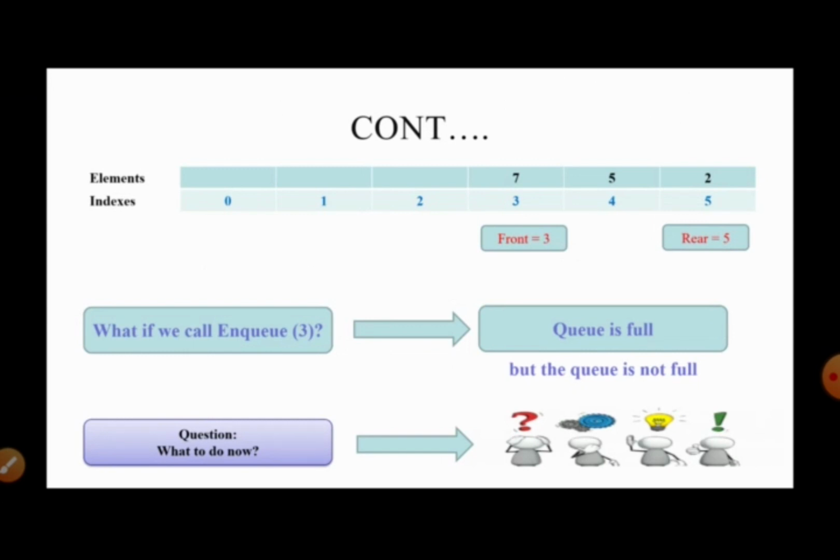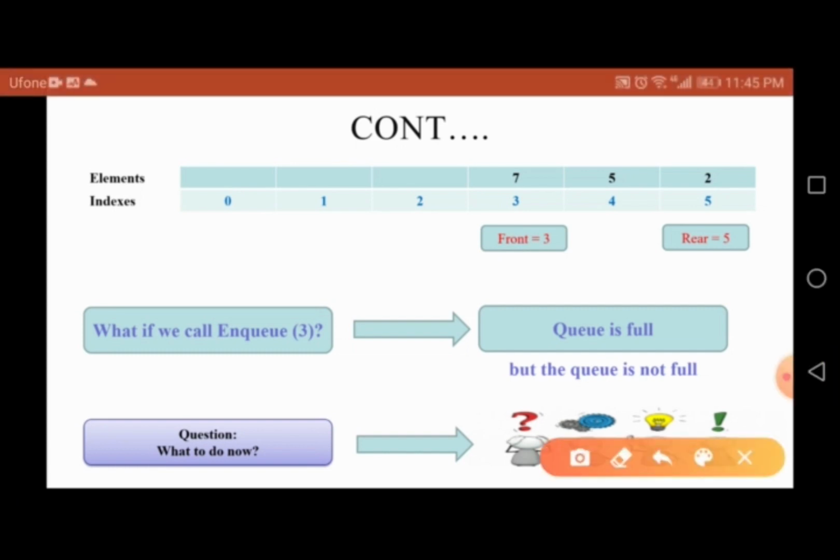In this case, as you see, there are only 3 elements in the queue. Front is at 3 and rear is at 5 index.